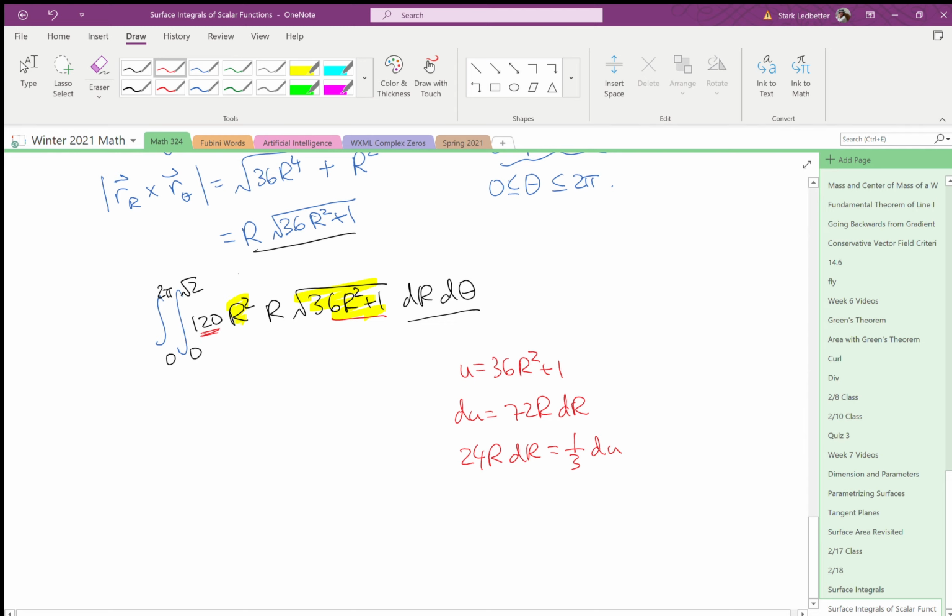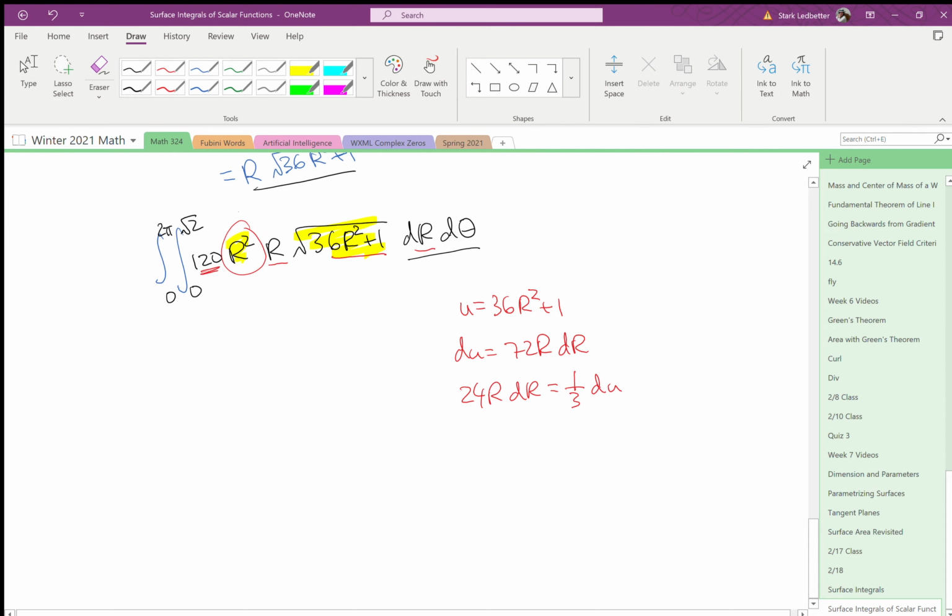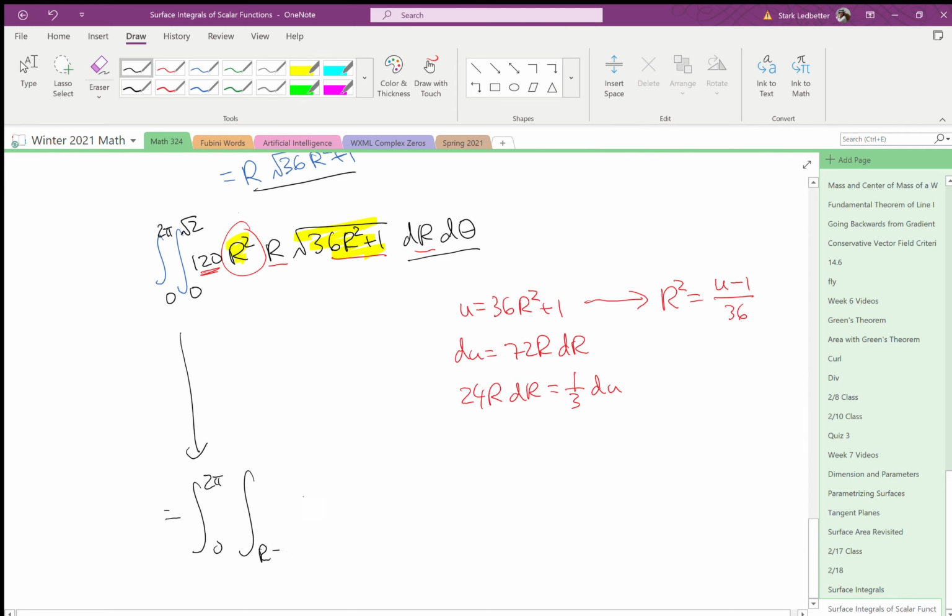And so then I can grab the r dr, and then I still am left with an r squared. So I need to go up here and solve for r squared. So that's u minus 1 over 36. Okay, so what that gives me, 0 to 2 pi, this is r going from 0 to root 2.